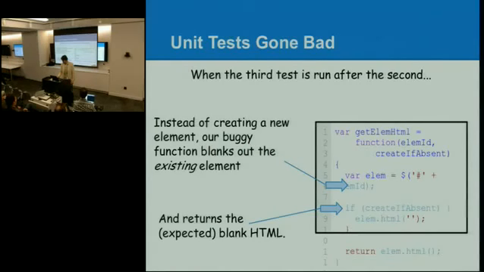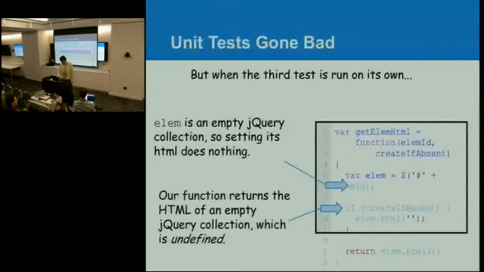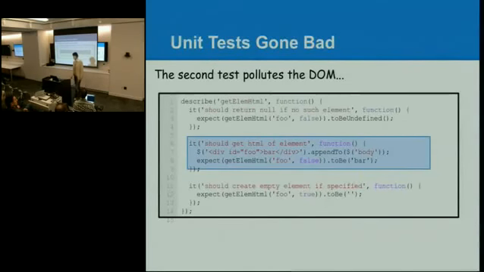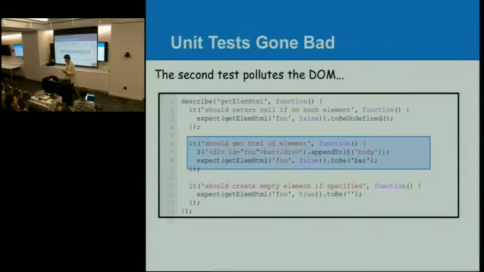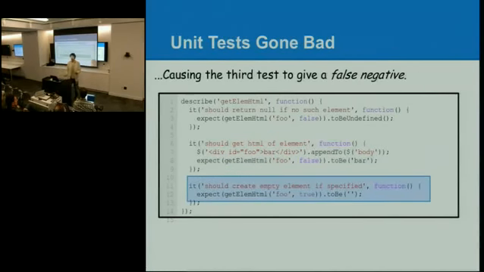And I'm going to ignore these slides because that shows how it does it, but the PDF conversion here was terrible. Now, what's going on here is the second test is polluting the DOM to give the third test a false negative, meaning that it's claiming that the code works when it's actually broken.